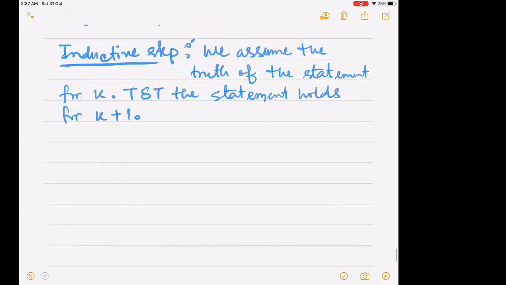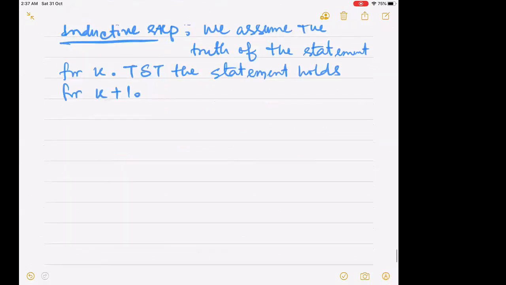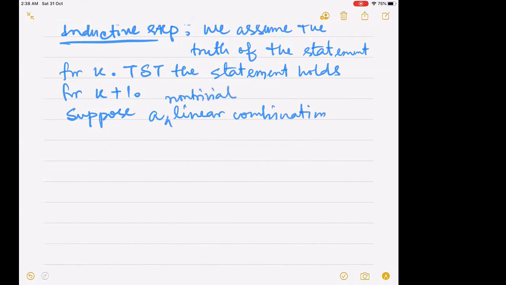Now suppose a non-trivial linear combination of V1 up to Vk plus 1 goes to 0.